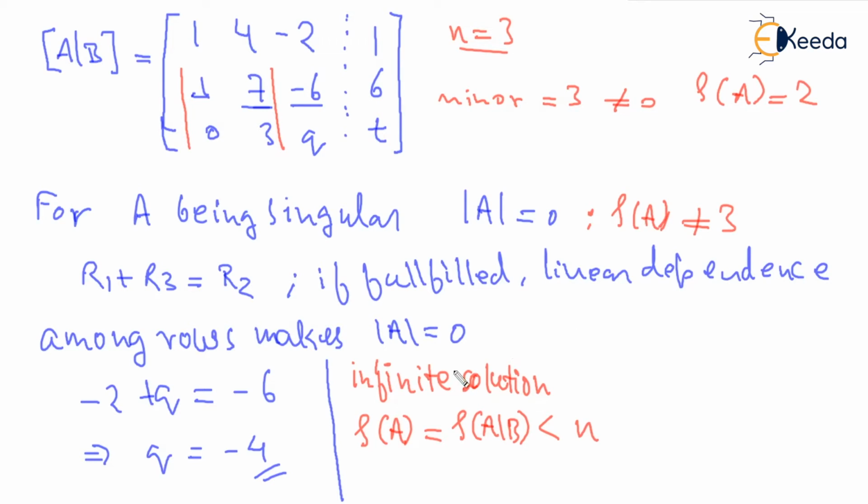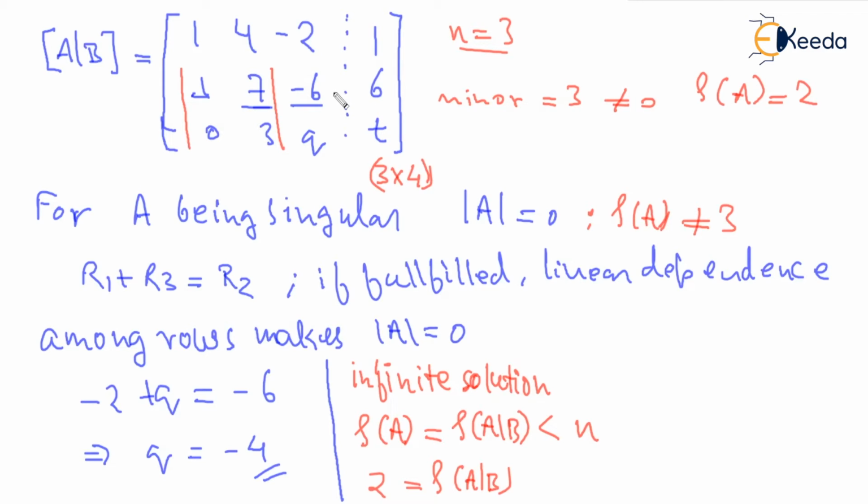Now of course this is less than 3, but we want that rank of A augmented B should also be 2. And we know for this entire A augmented B matrix, which is a 3 cross 4 matrix, if somehow we can make the linear dependence among the rows or columns, possibly rows will work very definitely because that will count every row.